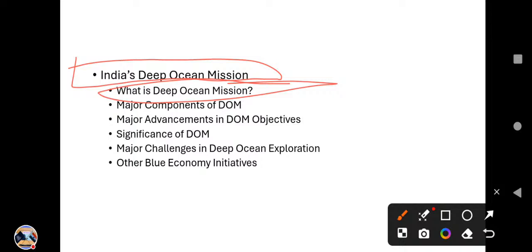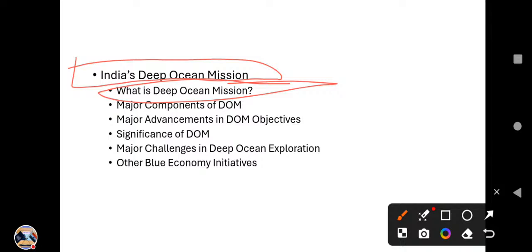And what is the aim of this Deep Ocean Mission? The aim is to address scientific and economic challenges associated with ocean exploration and resource utilization. And also we can mention the Deep Ocean Mission along with the blue economy.